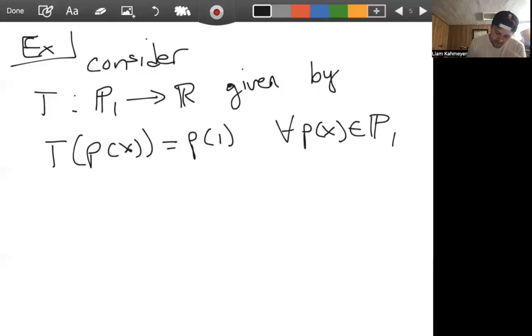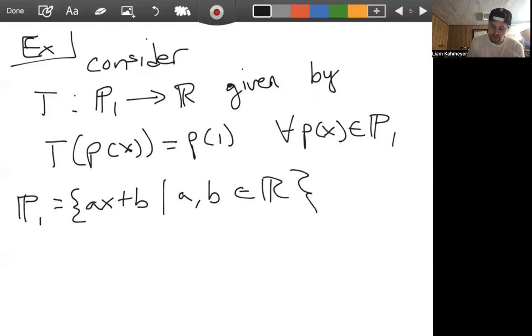Remember, what is P1 here? This is the polynomials of degree at most 1. So this is AX plus B such that A and B are real numbers. Now we want to find the kernel and the image of this transformation.